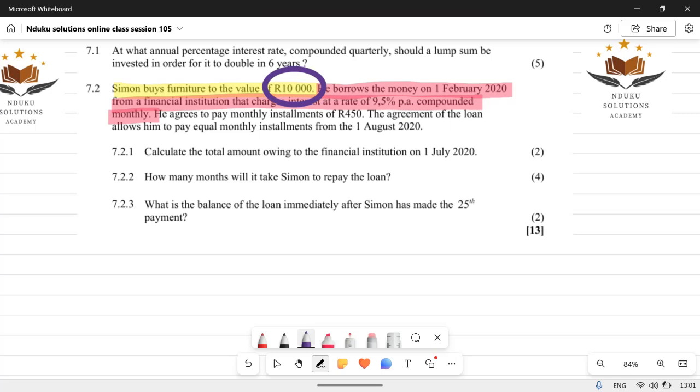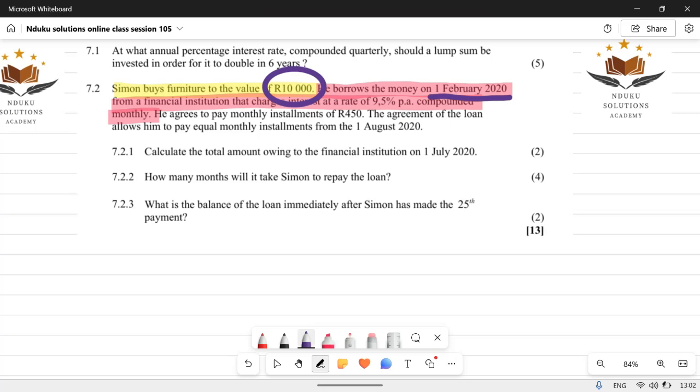Be careful of the date, because the date is the 1st of February from the financial institution. So on the 1st of February, the bank will actually give Simon his 10,000 rand. And the interest rate is compounded monthly at 9.5% per annum.